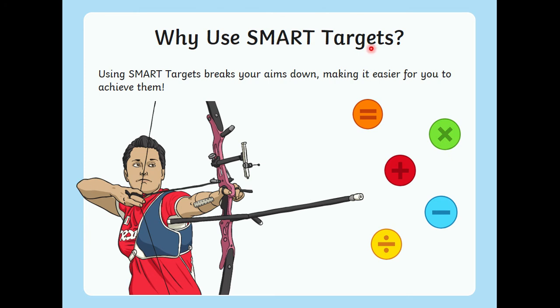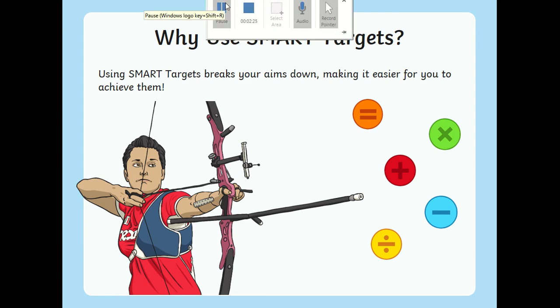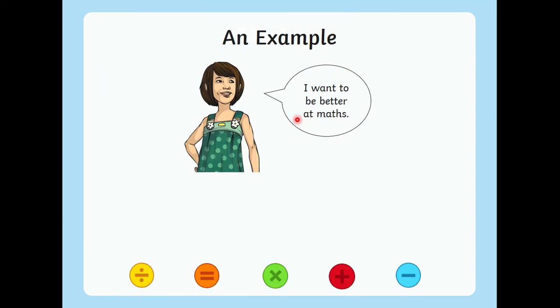So why use SMART targets? Using SMART targets breaks down our aims, making it easier for you to achieve them. Instead of choosing something like, I want to get better at maths, we choose a more specific target so that we can actually feel like we've achieved it. Here's an example of a target that's not necessarily going to help this little girl here: I want to be better at maths.